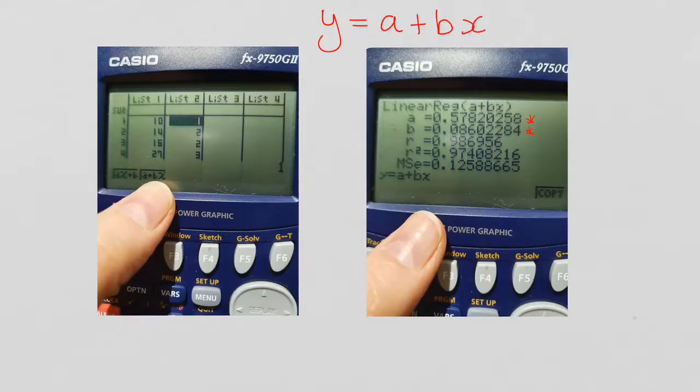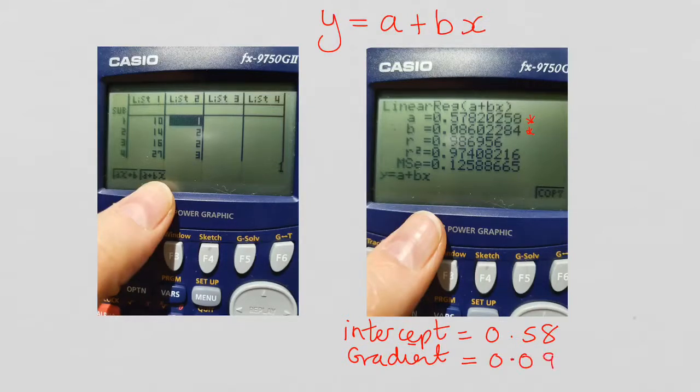It doesn't really matter if by any chance you press the other one, as long as you know that a will be the gradient and b will be the intercept on that one. But try and be consistent. So that's the one we want, a plus bx. When you've pressed it, you get your value for a and your value for b. So a here is 0.58, so your intercept is 0.58 and your gradient is 0.09. The rest of them, don't worry about yet.